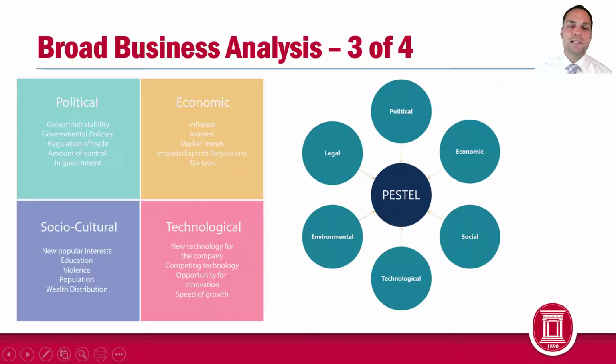Some other ones that you may not be as familiar with are two variations. On the left, you've got PEST: political, economic, sociocultural, technological. What you'll notice is that when we're looking at these, you're much more external. Remember I mentioned internal versus external. SWOT had some of both, but these are going to be focused more on the broader environment.